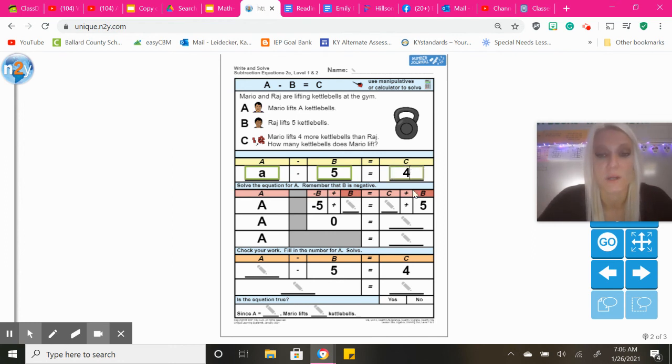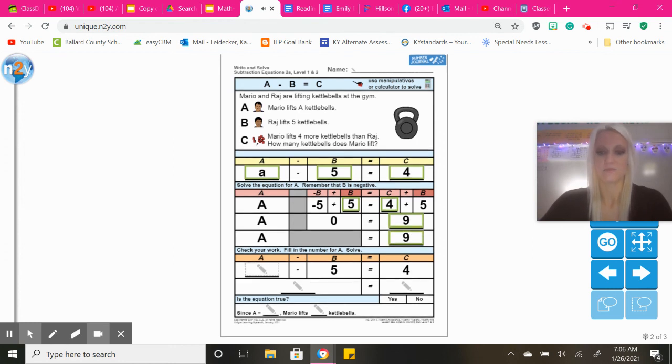So C is 4. So we have 4 plus 5 is 9. So A equals 9.